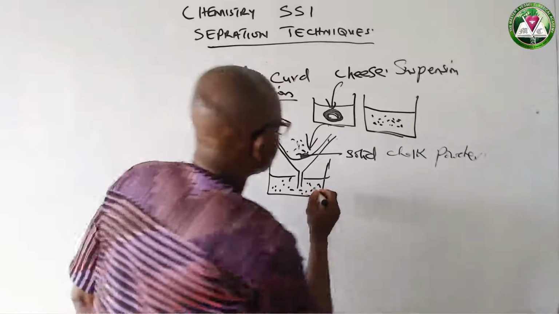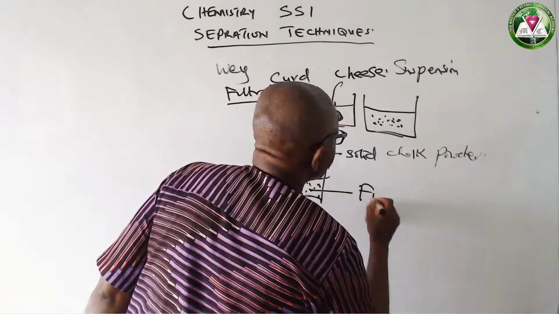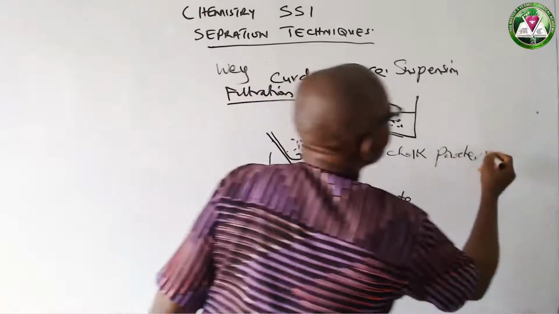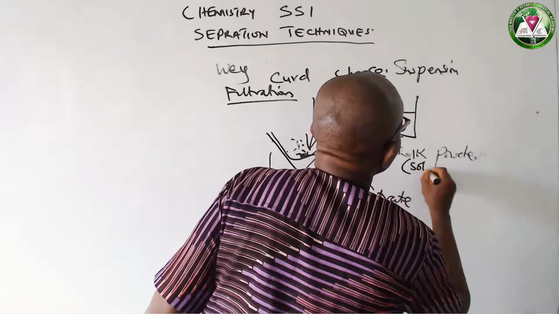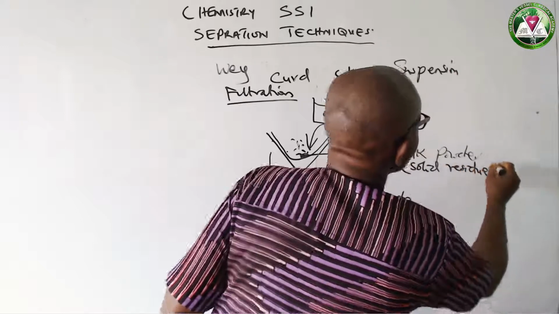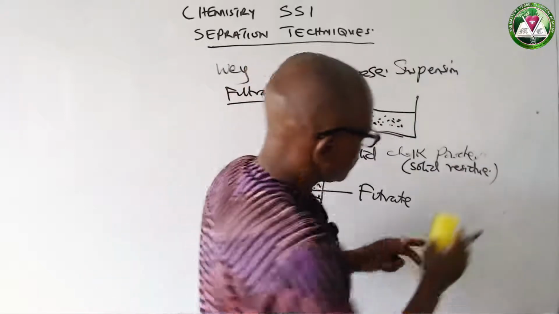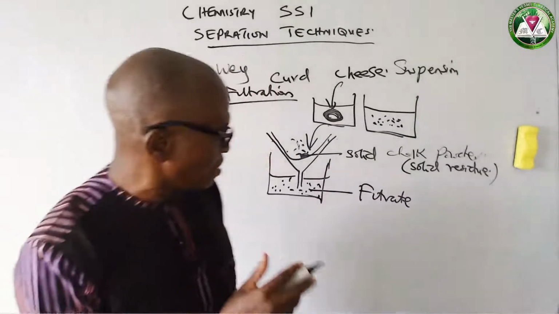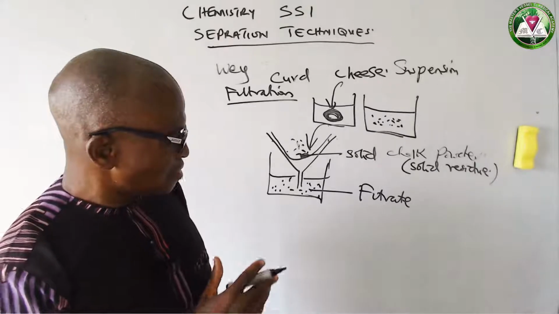There are two things. You call this one filtrate, and you call this one solid residue. Sometimes they will ask you this question, therefore let me define the two things.